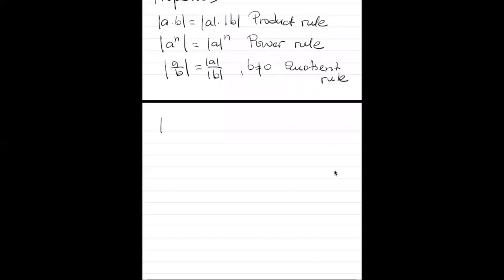And finally, if absolute value of x is 0, then x is 0. This statement is written as if and only if, which means it works both ways. If x is 0, absolute value of x is 0, and if absolute value of x is 0, then x is 0.